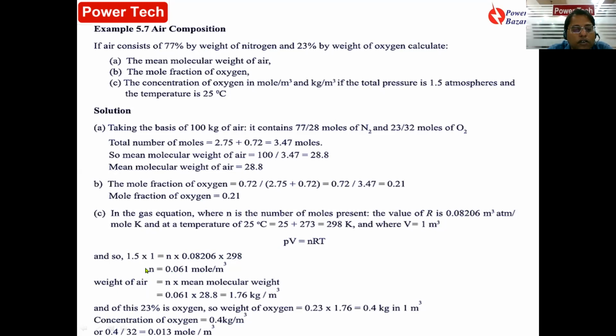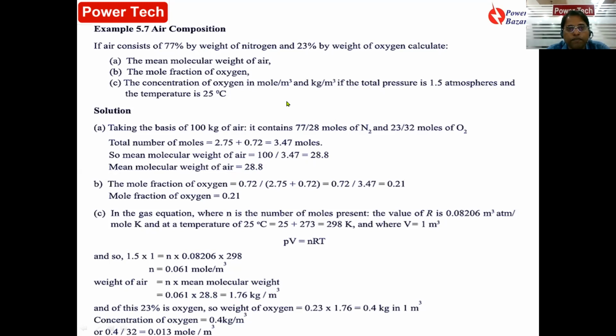The weight of air will be N into the mean molecular weight. That will be 0.061 into 28.8, because the mean molecular weight of air is 28.8. So the weight of air becomes 1.76 kg per meter cube.